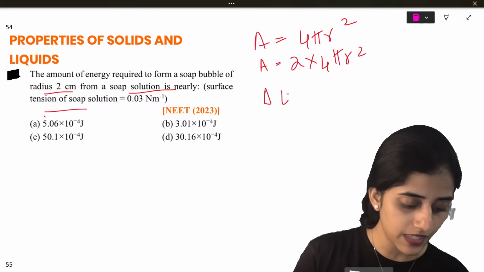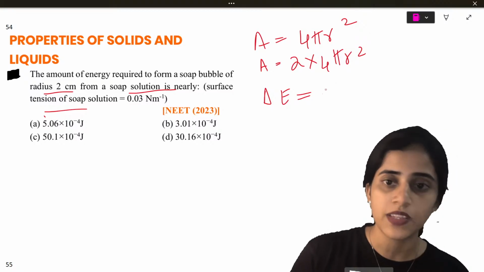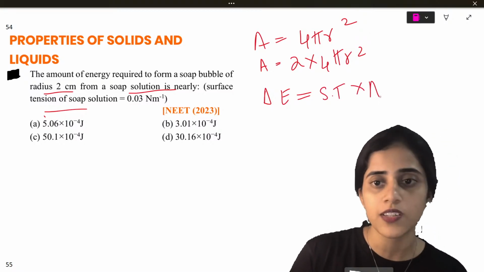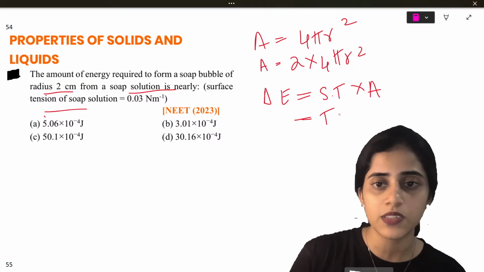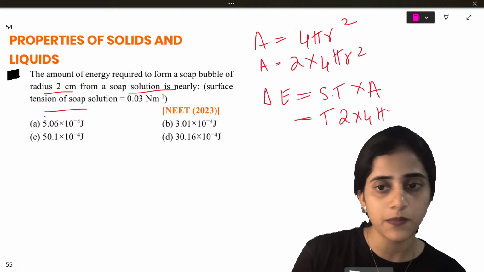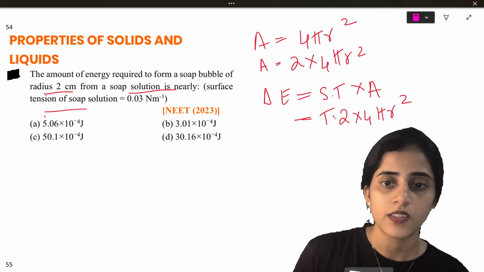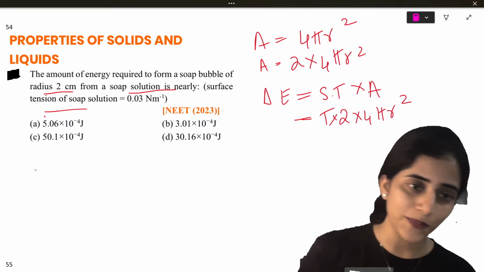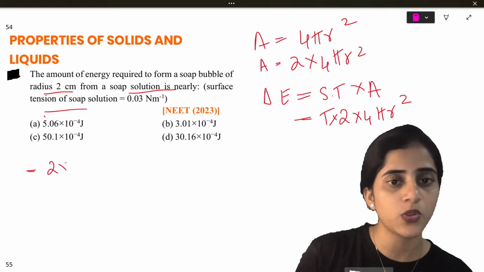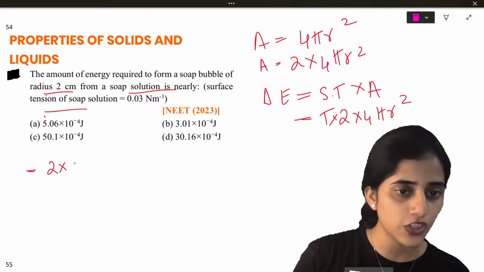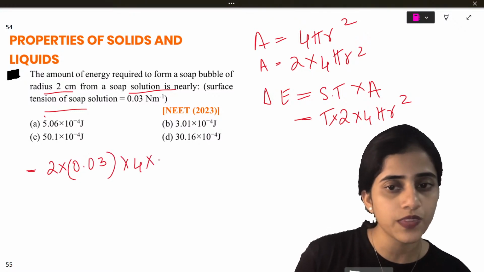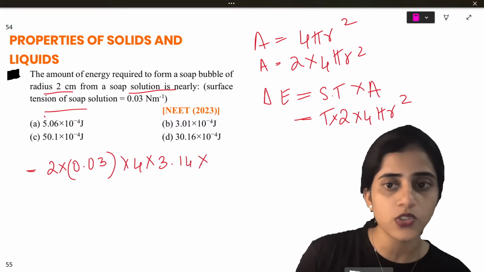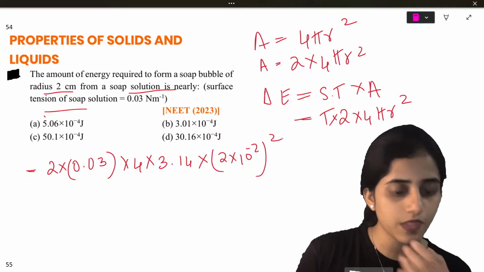Now what is E? E is the work done or the change in energy. It's basically surface tension into area. So E is T times 2 into 4 pi r square, which is 2 into 0.03 into 4 into 3.14 into, what is the radius? 2 into 10 raised to minus 2, square.